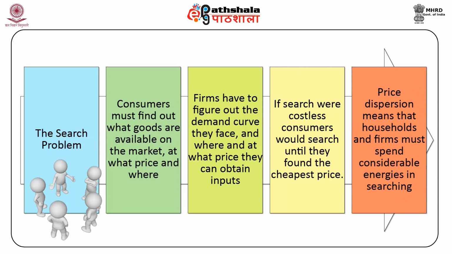Price dispersion combined with variations in quality means that households and firms must spend considerable energies in searching. Workers search for a good job, firms look for good workers. Customers search for the lowest prices and best values. The process by which this kind of information is gathered is called search.